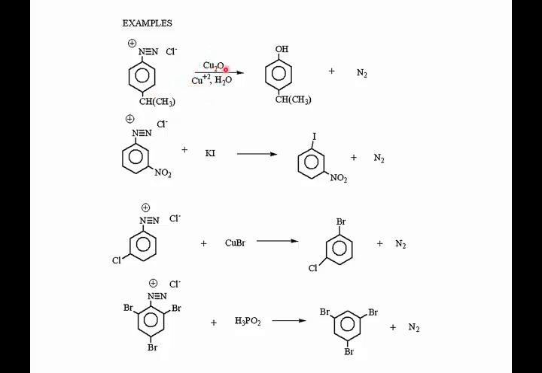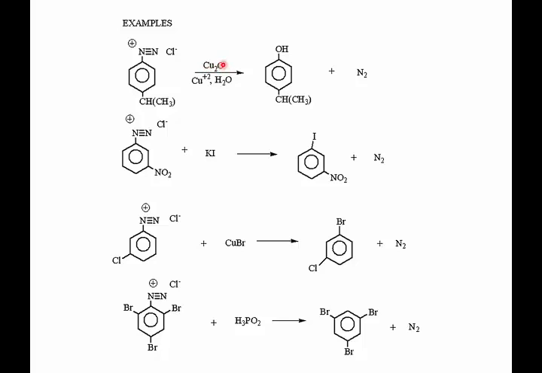If you look at the product, the N2 leaving group is replaced by OH from water. Water is really the nucleophile here. The copper species are there to optimize the reaction. How that works is beyond our scope.